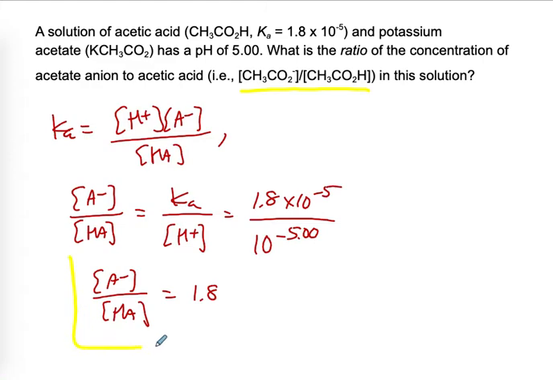Now, this is important because this tells me in any solution that contains a ratio of acetate to acetic acid, a ratio of 1.8 will always have a pH of 5.00. It doesn't matter what the absolute concentrations are, as long as the concentration of acetate is 1.8 times greater than the concentration of acetic acid, I will have a pH of 5.